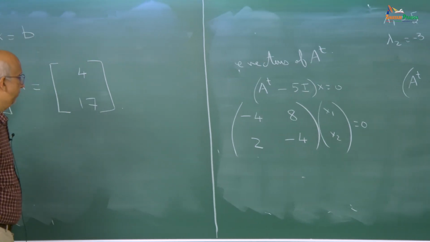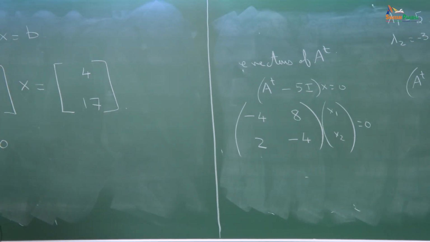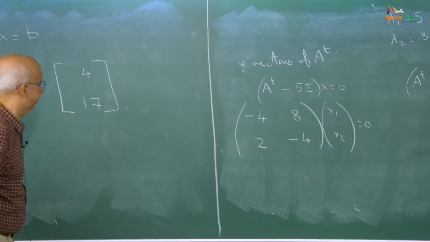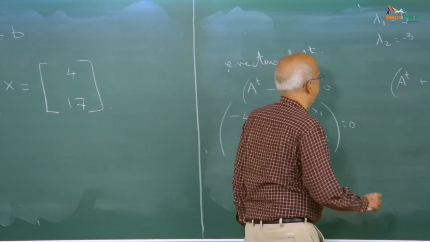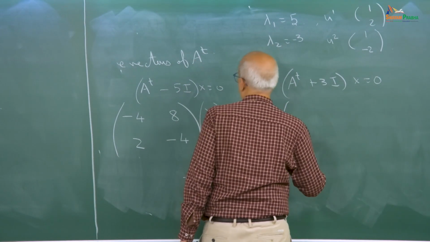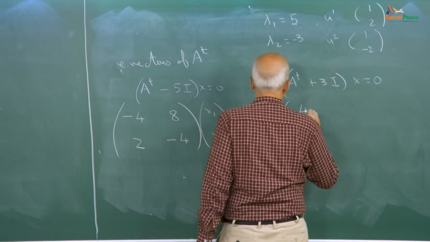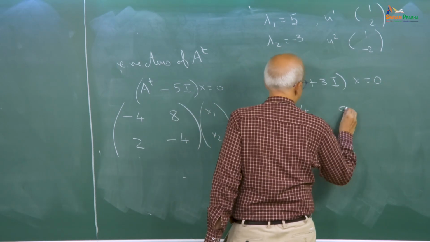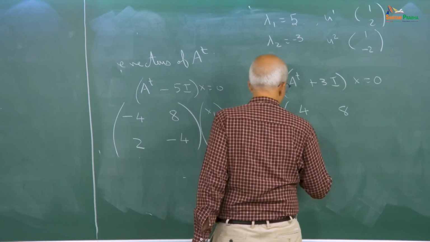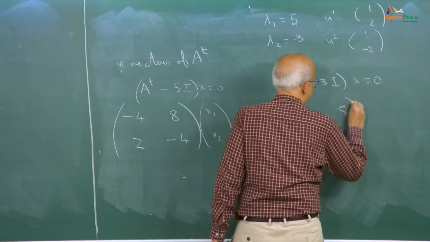Just make sure I am not making a mistake. I have subtracted 5, yeah. And for this one, I add 3 to the diagonal, I have 4, 8, 2 and 4.